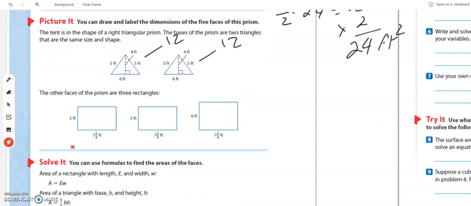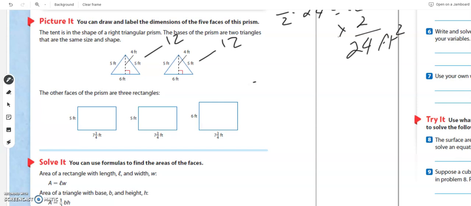So for any rectangle, you multiply the length times the width. So to figure out the area of these three rectangles, all we've got to do is multiply, in this case, 5 times 7 3/4, 5 times 7 3/4, 6 times 7 3/4.